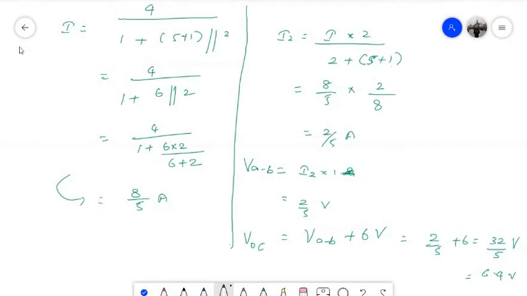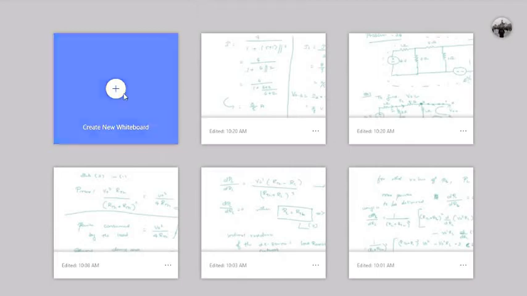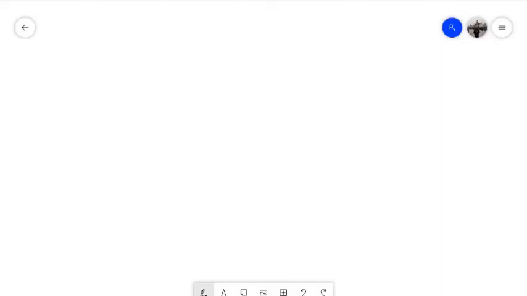And now our answer is not complete. We have found one part of the Thevenin's equivalent circuit, but we also need to find RTH. So as usual, to find RTH, we have to short circuit the voltage source and open circuit the current source.